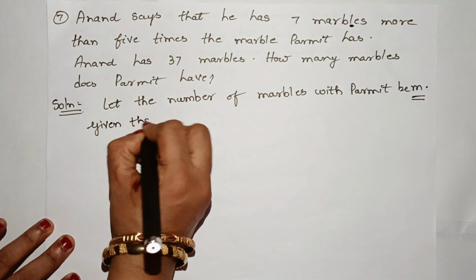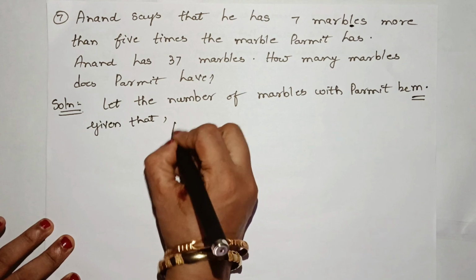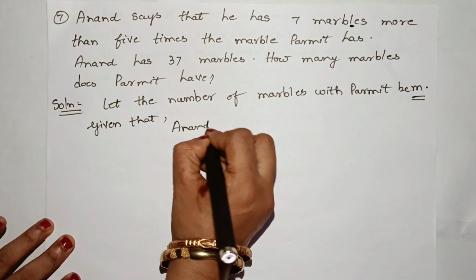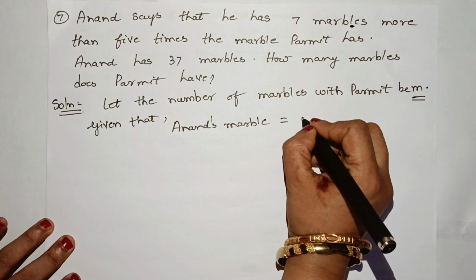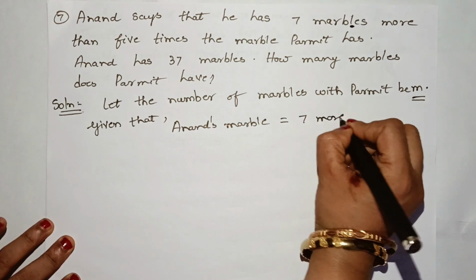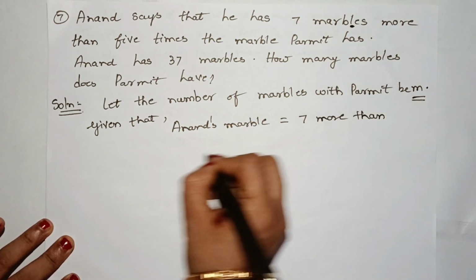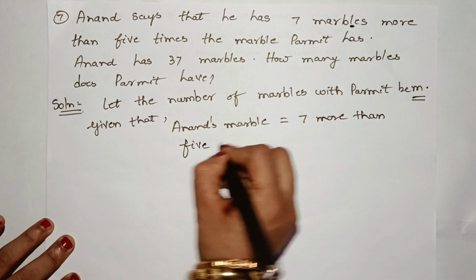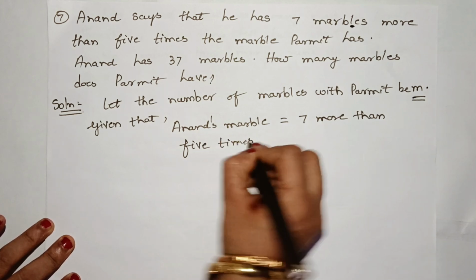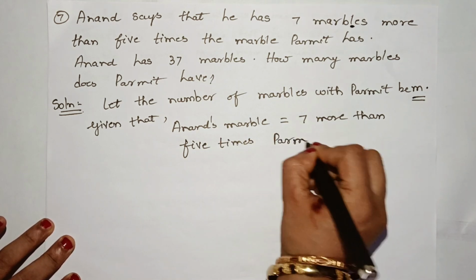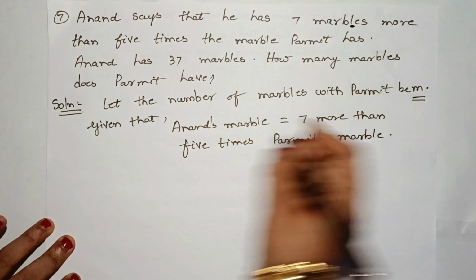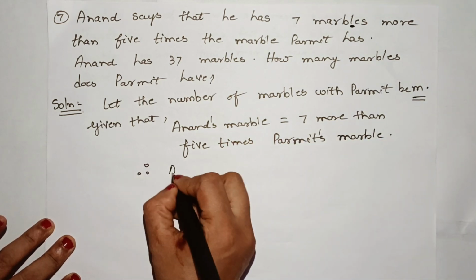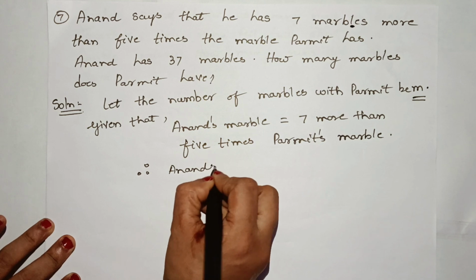Given that, understand the question. Anand's marbles equal 7 more than 5 times Parmeet's marbles. It means, how will you frame an expression over here?